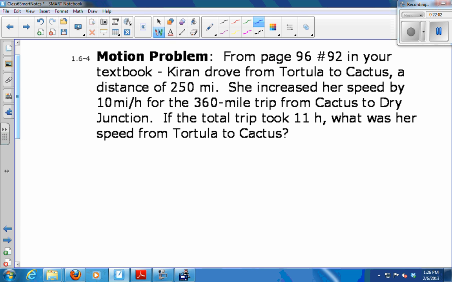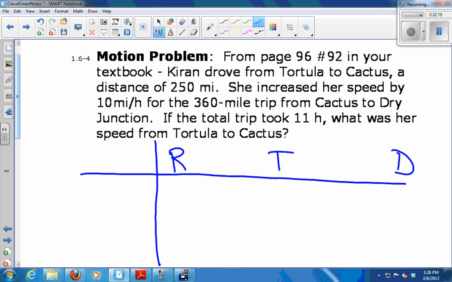And the total trip took 11 hours. What was her speed from Tortula to Cactus? So this is very similar to the ones we did last time. This is definitely an RT equals D problem. And there are 2 legs to the trip plus a total trip. So let's see, we've got Tortula to Cactus, Cactus to Dry Junction, total.